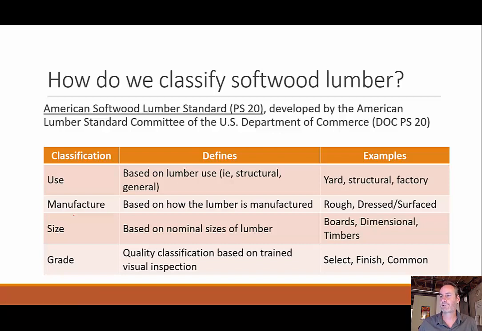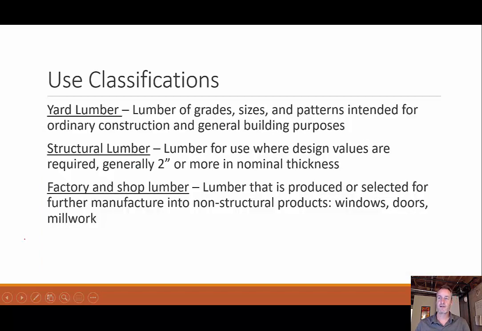We just talked about how to cut it. How is it treated after we cut it, quarter sawn or plain sawn? What about the size, the nominal size of lumber? So 2 by 4 is a nominal size, or a 4 by 8. And then what about the grade? What's the quality of the wood? So those are the 4 things. We're going to look at each one individually, starting with the use.